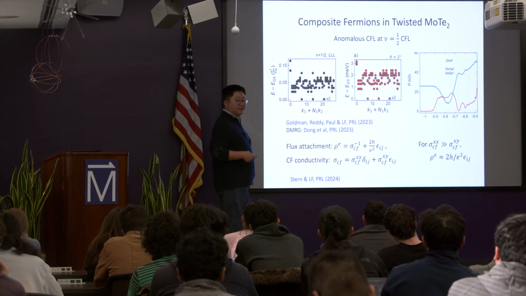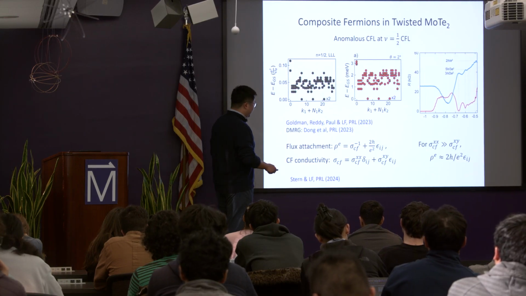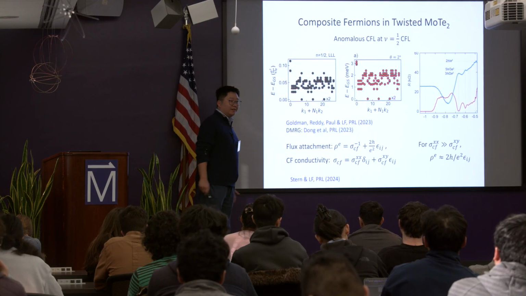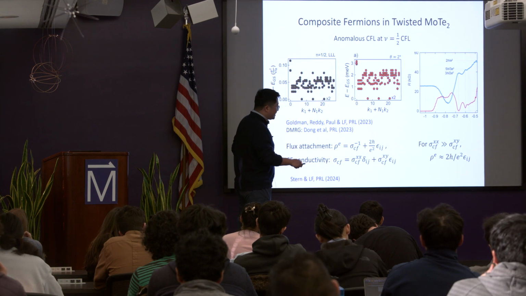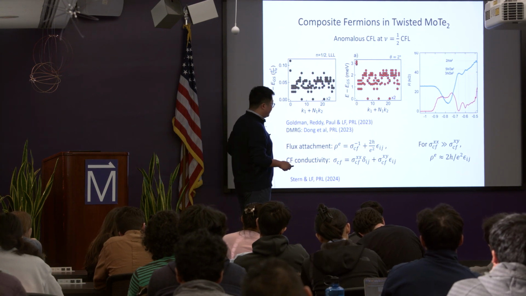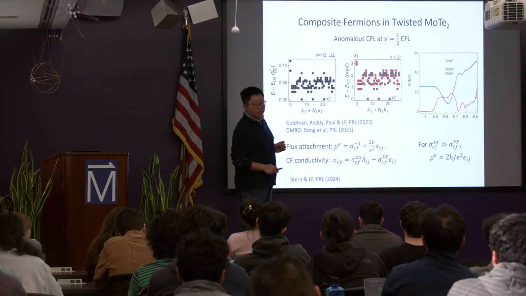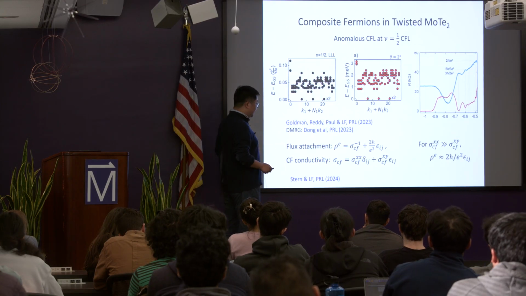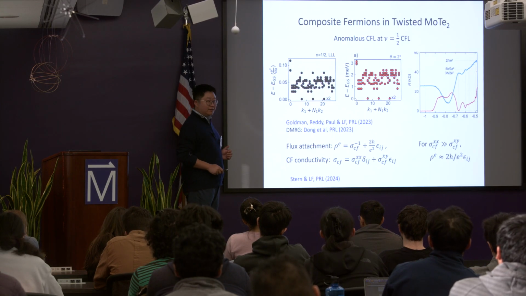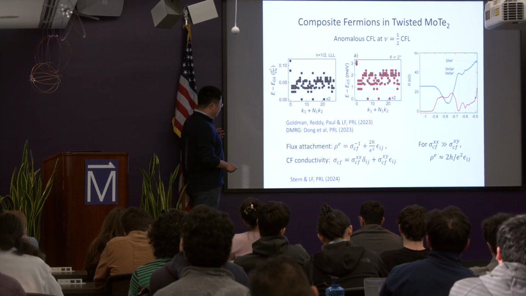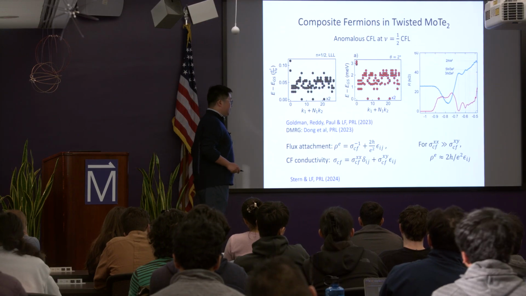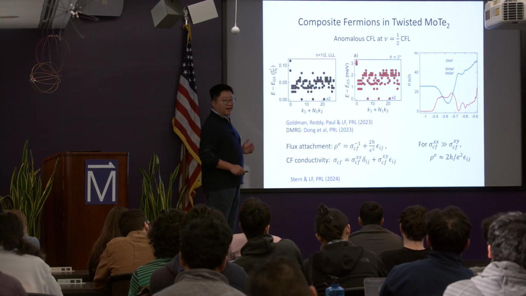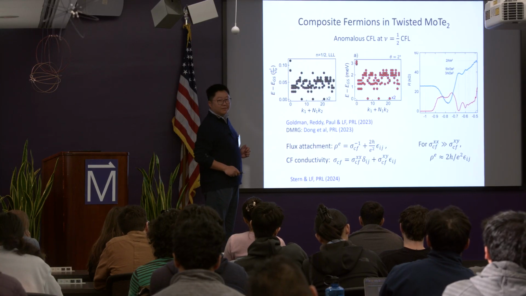For example, sigma xx certainly depends on the level of disorder in the system, and sigma xy may depend on the Berry curvature of the underlying Chern band. But regardless of details, as long as the composite fermion conductivity is predominantly longitudinal, if the diagonal component is much larger than the off-diagonal component, then the true electrical resistivity is dominated by the flux, by the vortex part, and it will immediately give us 2h over e squared resistivity that is mostly in the Hall channel.